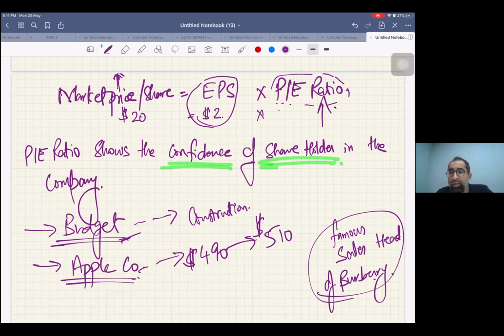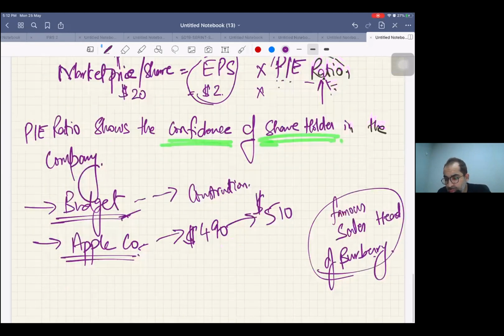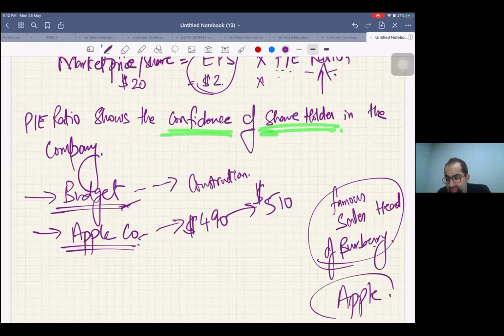You might have heard this brand. This sales head announced that after a few months she would join Apple company. Just because of this announcement, the share price of Apple company moved.